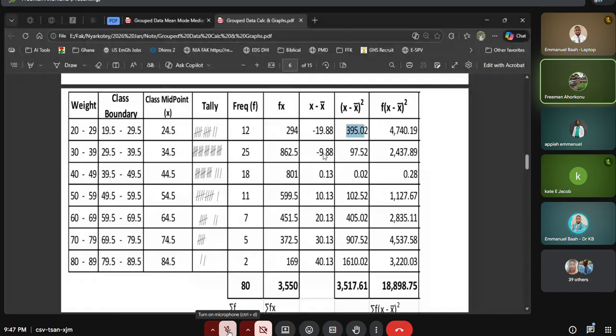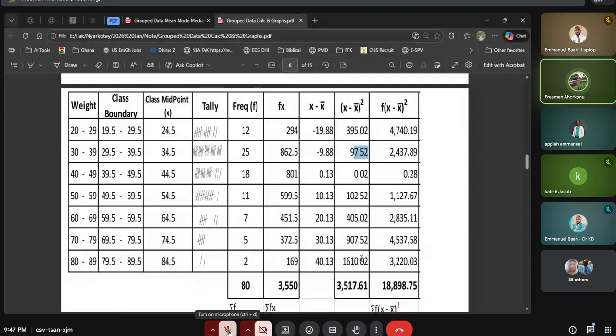If you look at the equation given, the x minus the mean squared, I don't know whether the minus is there or you are supposed to use just one, because I see negative 19 there. Okay, once you square a negative, you get a positive. That's fine.